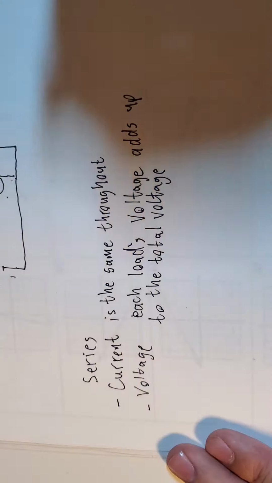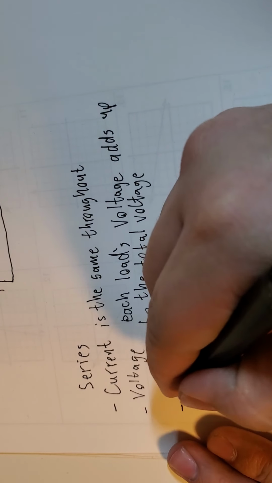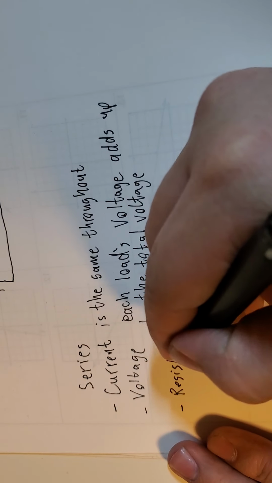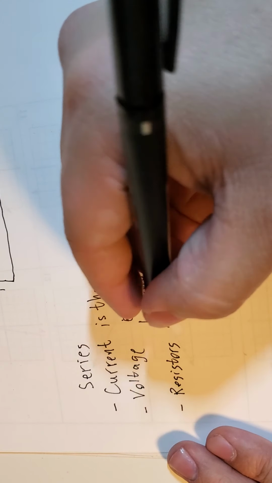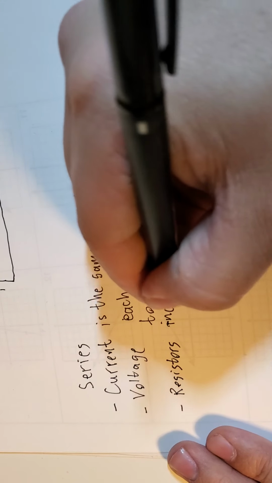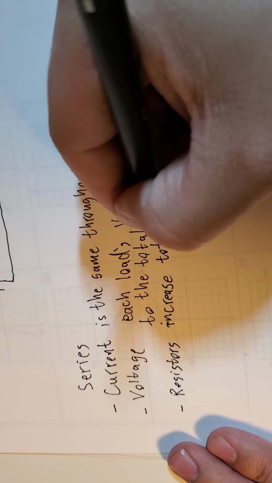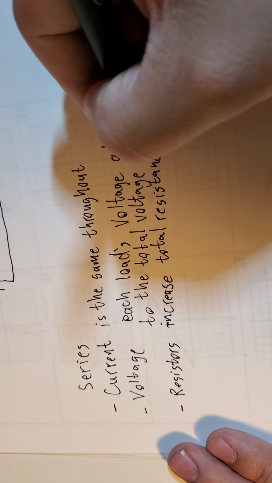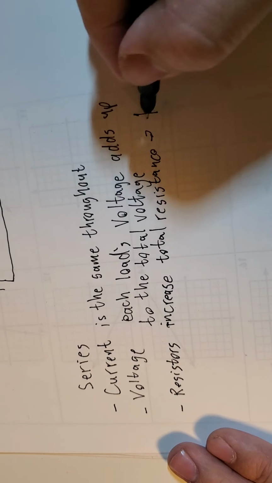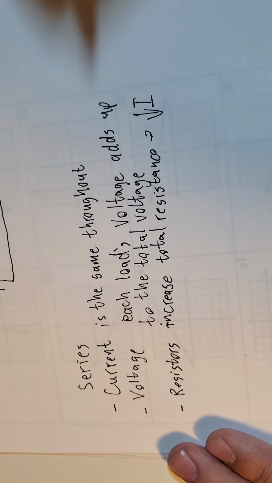Now our last one is resistance, right? So what happens with resistance? So our resistors in series increase total resistance. Which means that your current would go down, right?